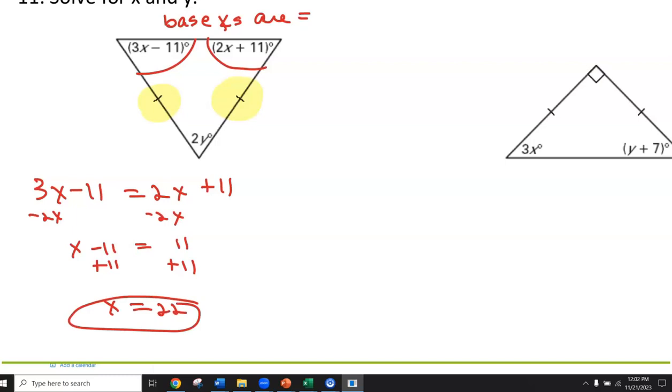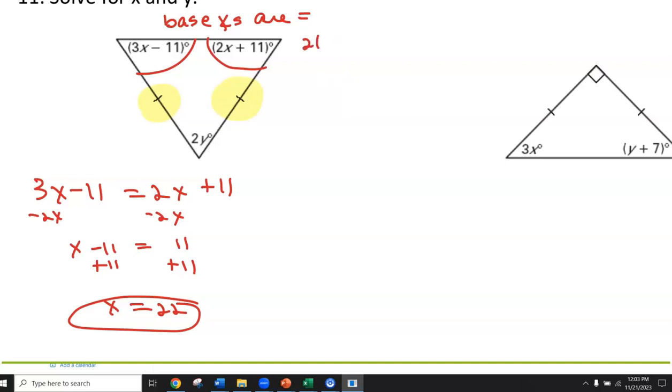So if I know that, let's see if we can figure out what our base angles are. 2 times 11 plus 11. So that's 22 plus 11 more is 33. And let's just verify the other one's the same. Okay, so hold on a second. I did that incorrectly. Let me just go back and plug in the correct number. So hold the phone, because my x was not 11 but 22.